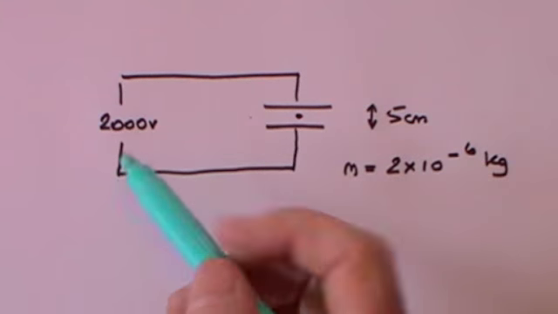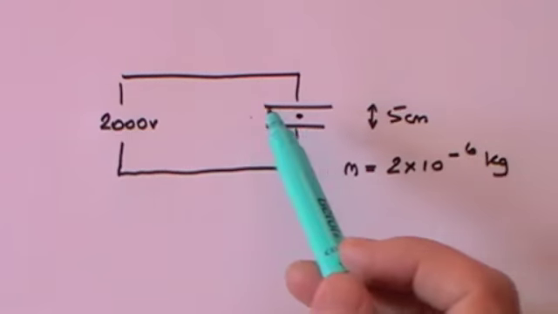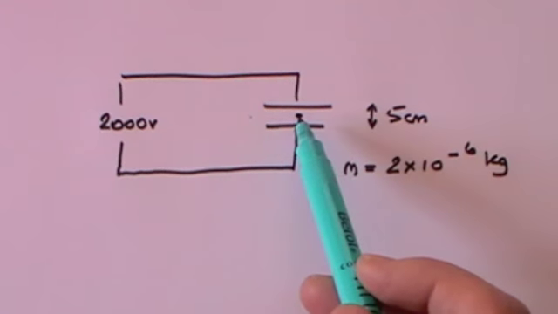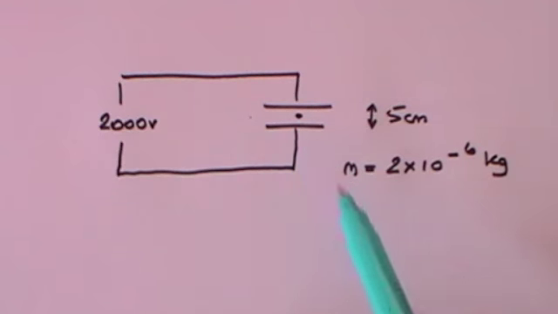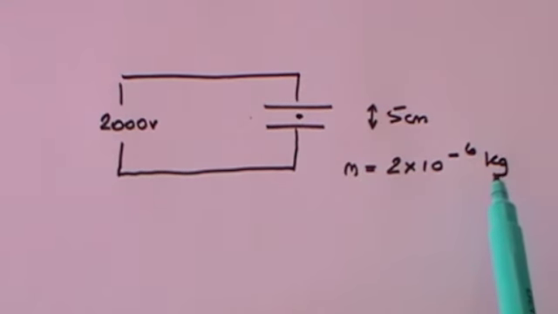Question 8. We have a 2000 volt supply across a parallel plate, and we have an oil drop which is suspended between the two. The mass of the oil drop is 2 times 10 to the minus 6 kilograms, and the distance between the plates is 5 centimeters. We're asked to find the charge on the oil drop.